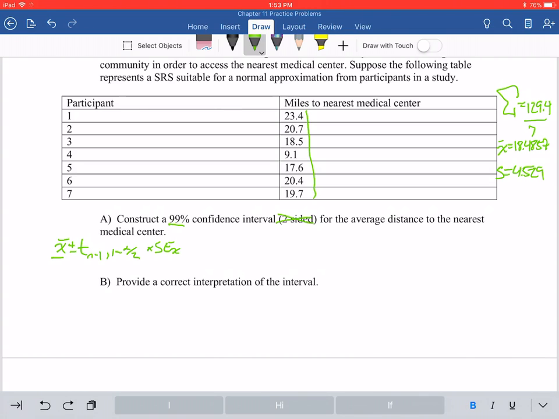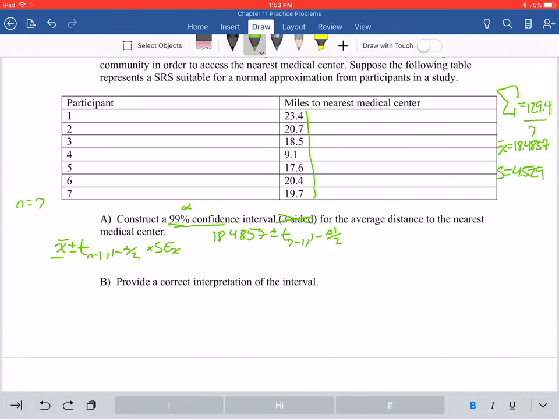Now we have our x bar and standard deviation, and we know how many people are in our simple random sample, n equals 7. We can now fill in the appropriate values for our confidence interval. So we're going to have 18.4857 plus or minus our t of 7 minus 1, comma, 1 minus 0.01 over 2.